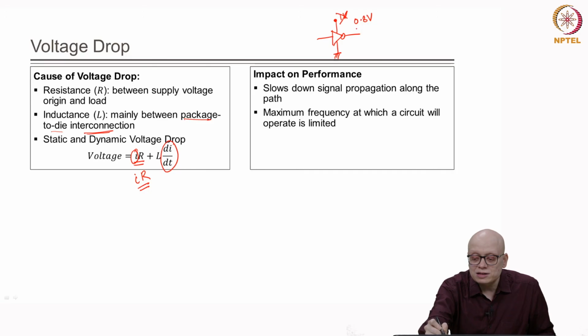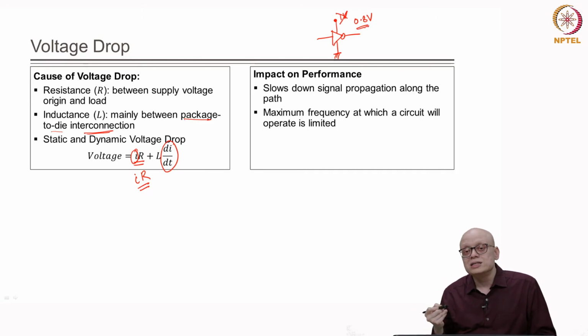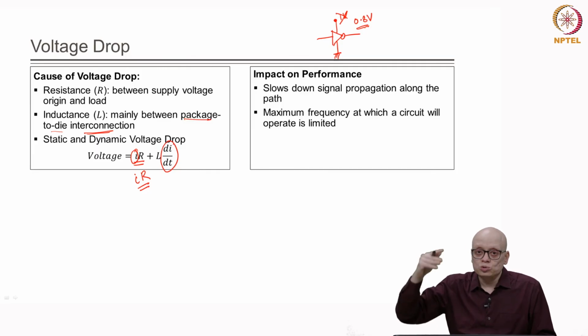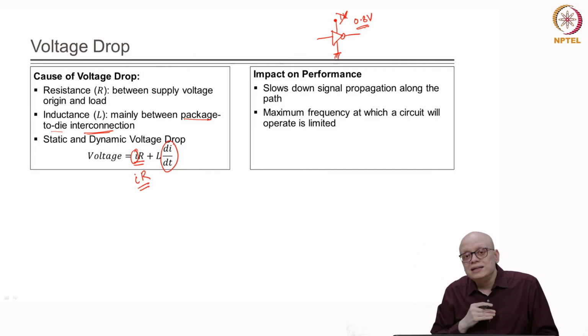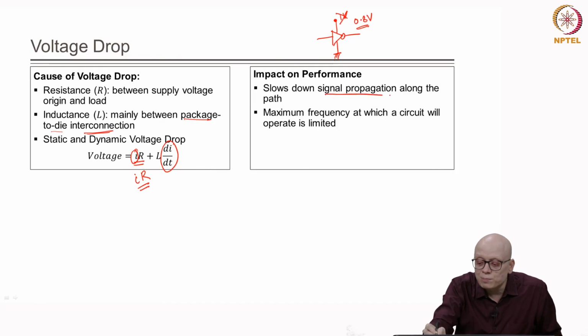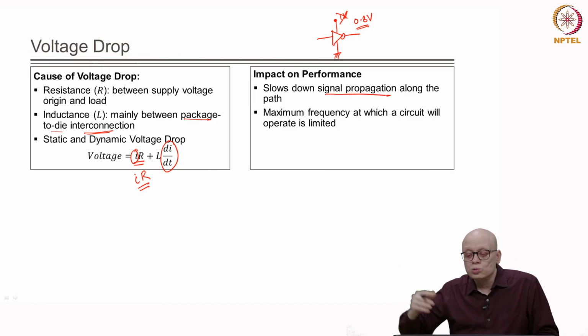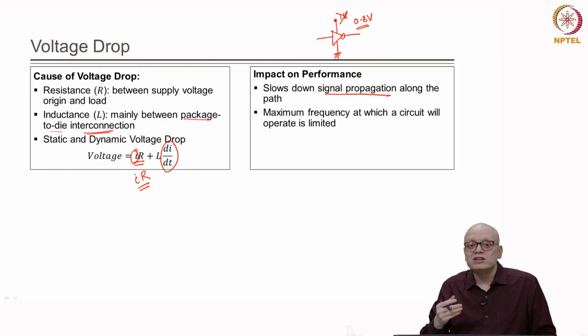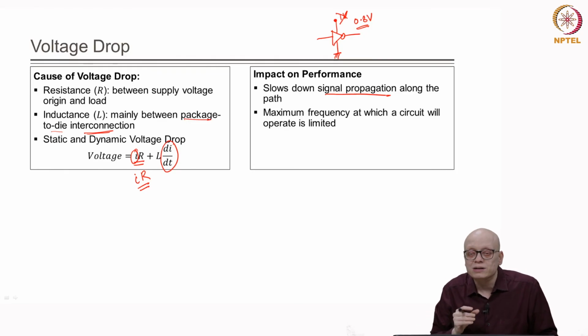If the voltage supplied to the standard cells comes down, then the delay of the standard cells increases, and therefore the signal propagation along the path slows down, and the maximum frequency at which our circuit can operate comes down.